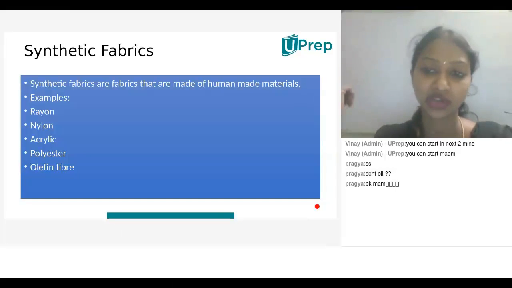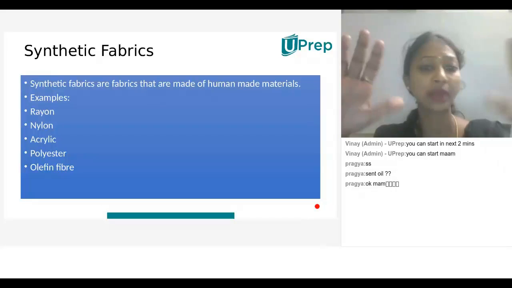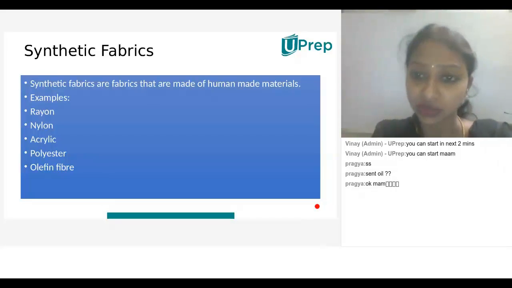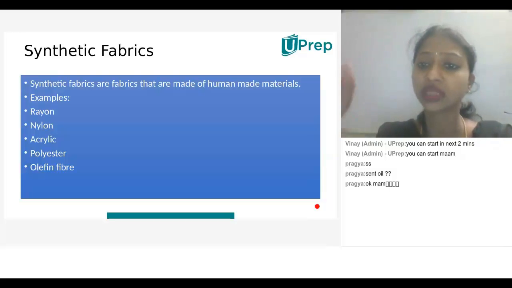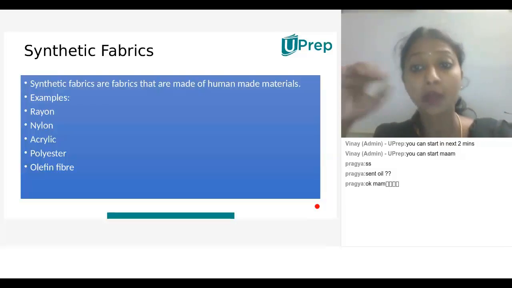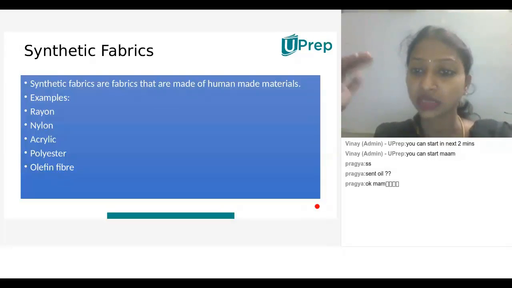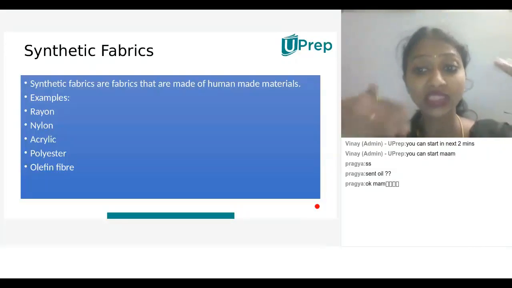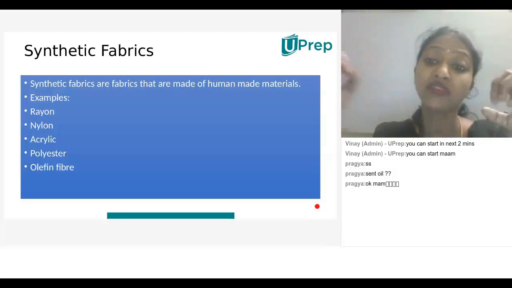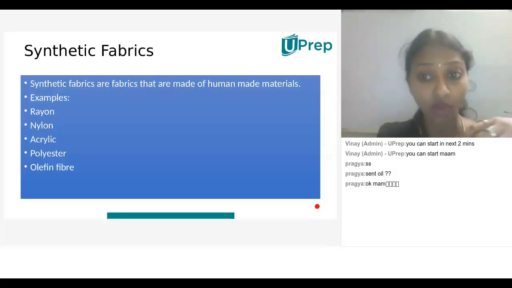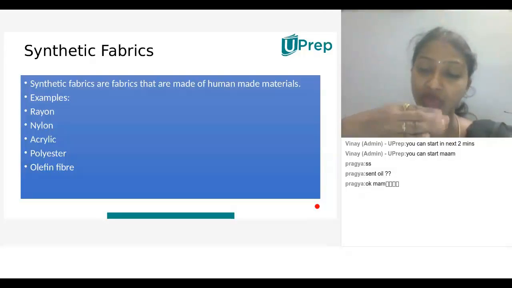Obviously, when two fibers are placed nearby, both look similar. One is completely obtained from nature and the other is prepared by man, that is, a synthetic fiber. But the texture, the color, the appearance and everything is exactly the same. When we compare, the benefits of the synthetic fiber are more than the natural fiber.